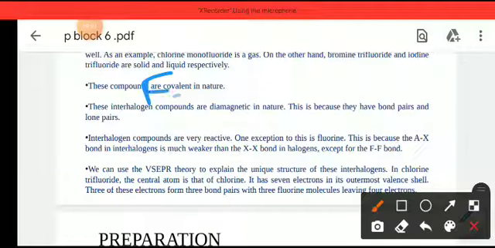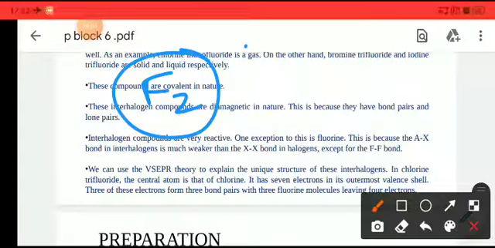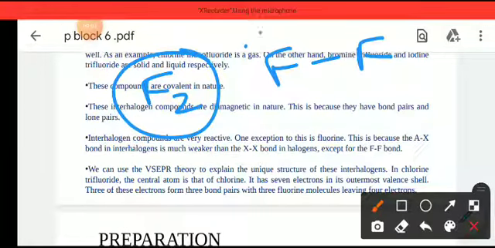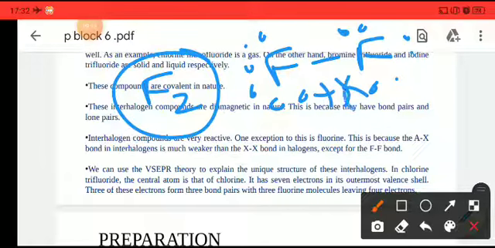F2 is much more reactive than interhalogen compounds, because here the F-F bond is so weak. Fluorine has a small size and it has almost 3 lone pairs. These lone pairs repel each other. That is why the small size of fluorine cannot stabilize the repulsion of the two fluorine atoms, that is, the 6 lone pairs.